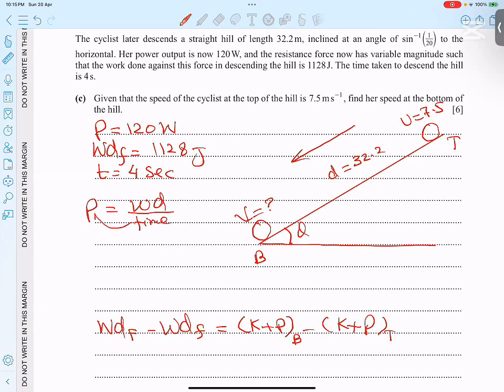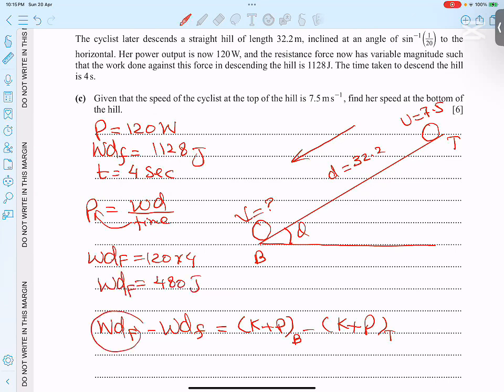So if we multiply by time, I get the work done. Work done by applied force is power into time. Power is 120, and if I multiply by 4, I get 480 joules.